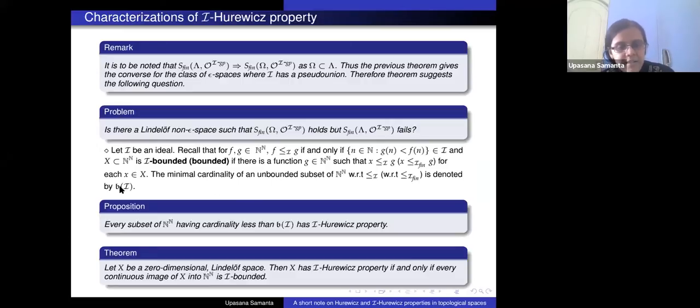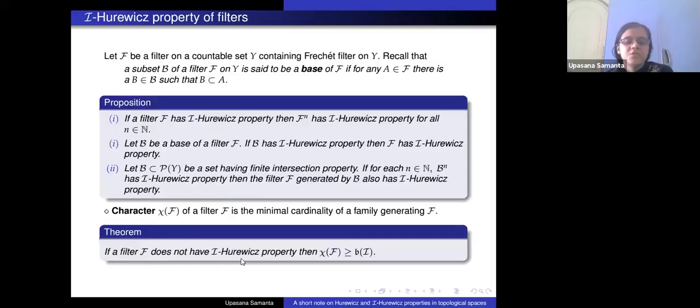And the minimal cardinality, beta I, what is that? It is the minimal cardinality of an unbounded subset of this space. Okay, so this is beta I. And we find that if a filter F does not have I-Hurewicz property, then its character must be greater or equal to this infinite cardinality.